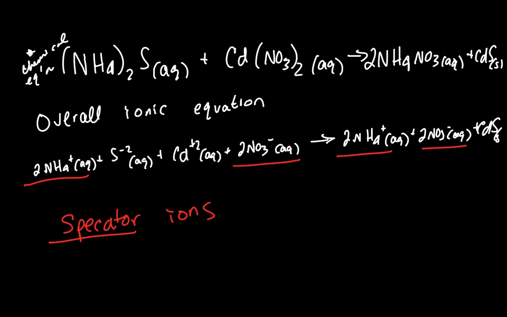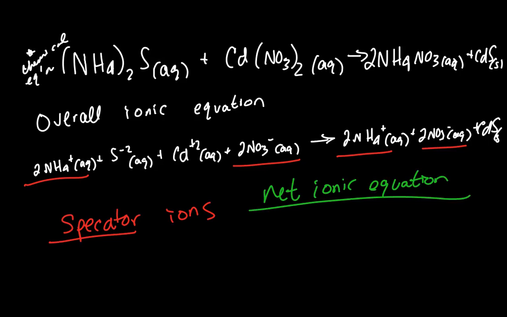They don't actually take part in the reaction. So when we write our net ionic equation, we are going to remove the spectator ions because they do not participate in the reaction. So our net ionic equation would just be the sulfide ion, the cadmium ion, and then the precipitate.